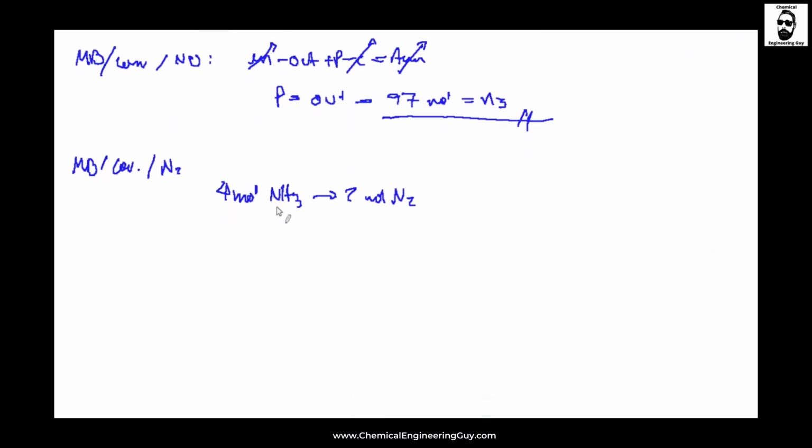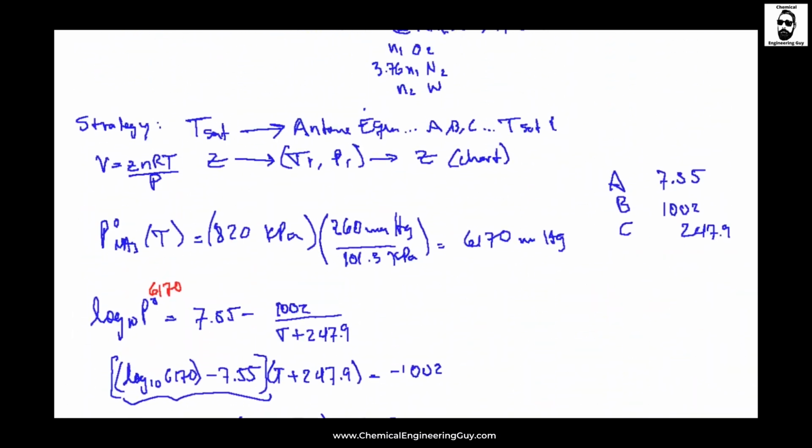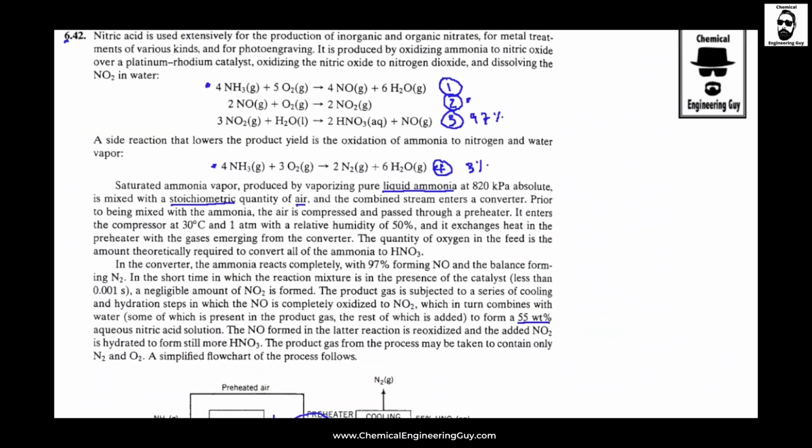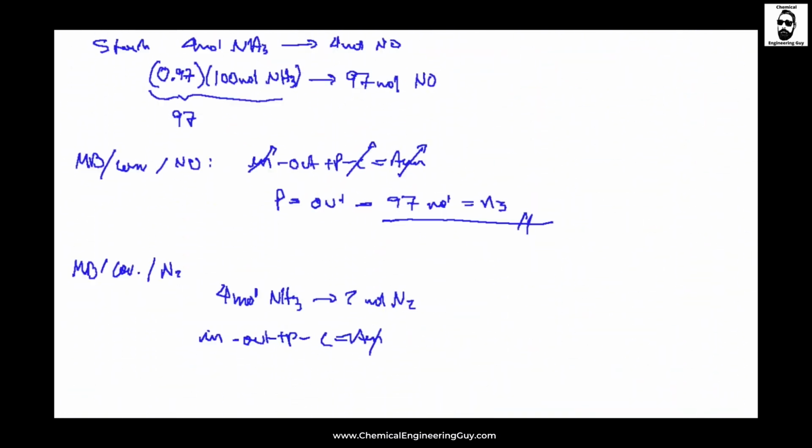So the mass balance gets essentially inlet minus outlet plus production minus consumption equals accumulation. No accumulation. We have inlet, yes. I think we have the inlet of the air. Do we have outlet? Yes, we have the outlet. The production, of course, we have production. And consumption, I think we don't have consumption. Let's go up. No, we have no consumption.